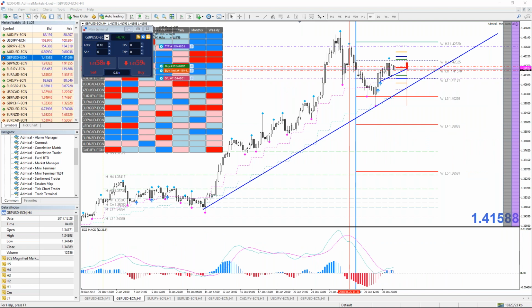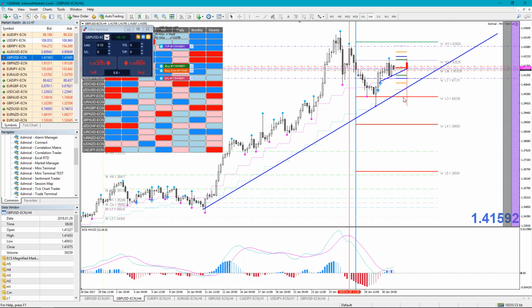Slides, Harsh? There are no slides for this trade. The only trade that I'm in is GBP dollar. I have one position open at 41.50, and the second position will be open at 41.70. Small lots.